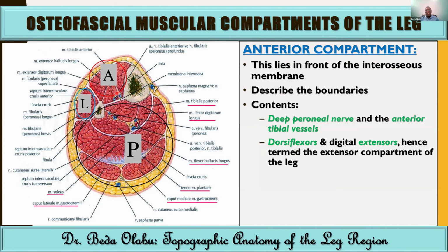The clinical implication is that there'll be disturbed sensation, what we call paresthesia, over the sensory distribution of this nerve, which is the first interdigital cleft. You can take that as a concept as well. If it was another compartment, there'll be another sensory territory that we'll be focusing on. But because we're talking about anterior compartment syndrome of the leg, the sensory territory to check is the first interdigital cleft.